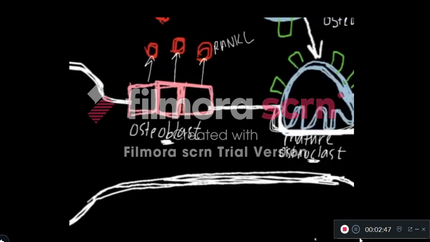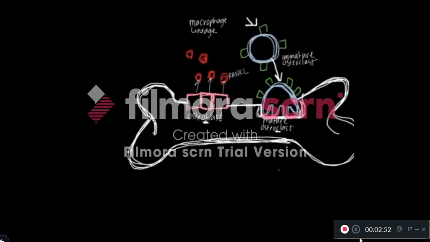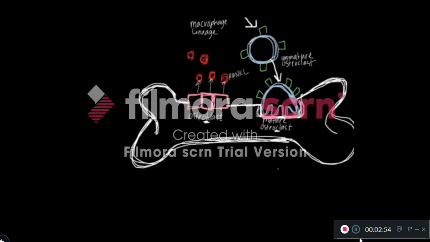So the rank ligand that's produced by the osteoblasts is actually going to bind to something known as the rank receptor. So this rank ligand is going to go ahead and bind to the rank receptor on the immature osteoclast, and that's going to stimulate the immature cell to become that final, lovely, jellyfish-looking mature cell that chews into bone.